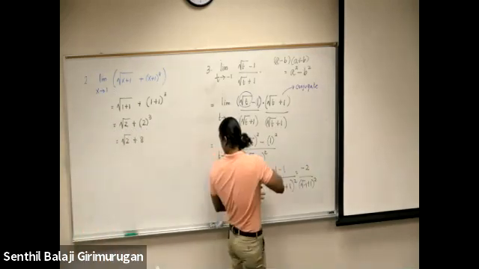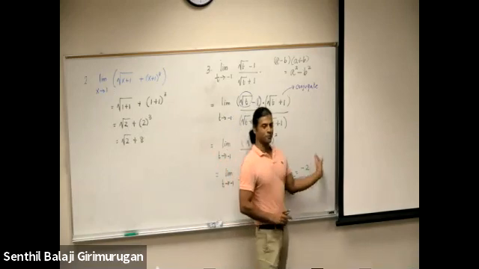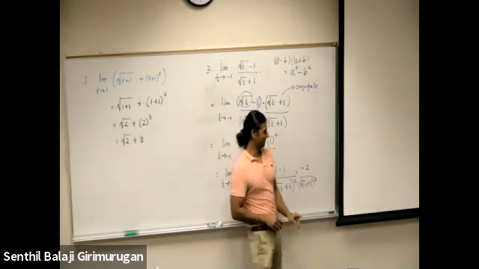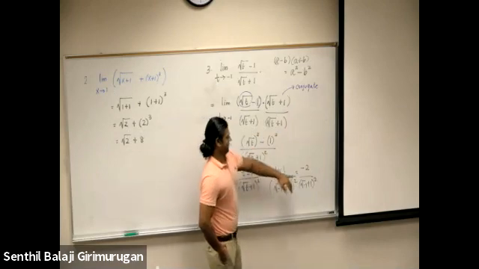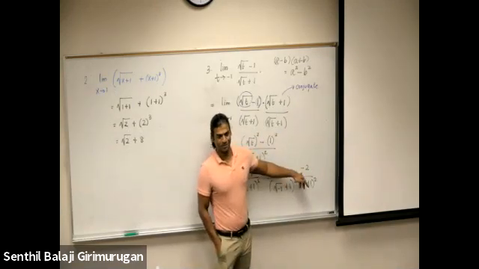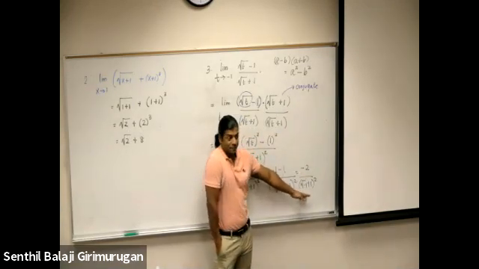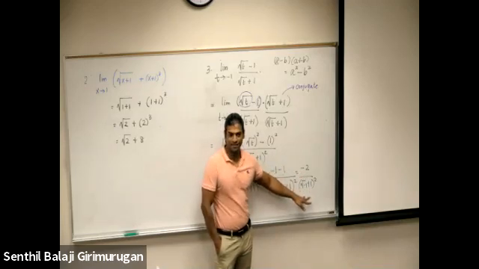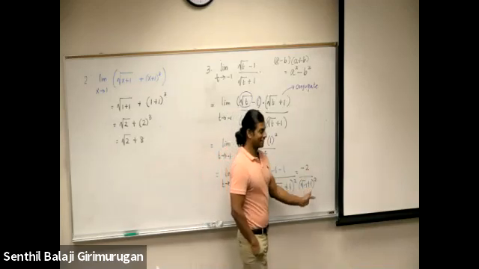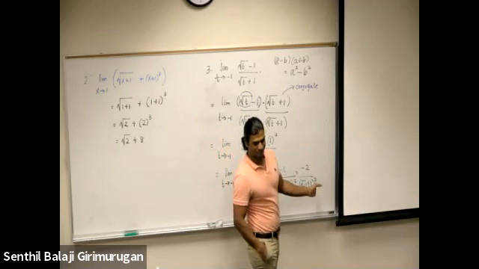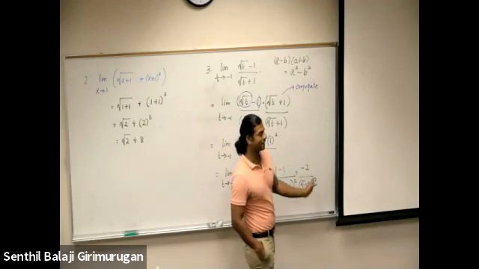If it went the way I wanted, that limit would have been 0 easily. But this is -2, and that would be some number. It's going to be imaginary. At the end of the day, the answer is not going to be 0.